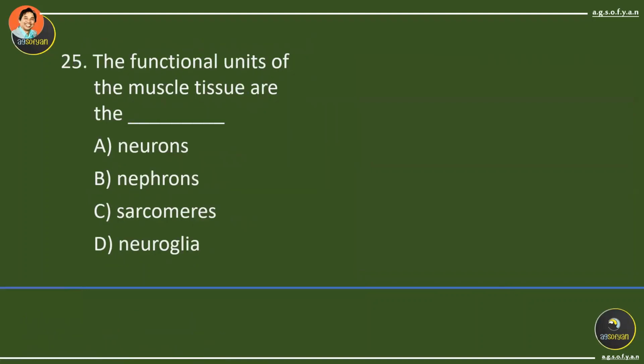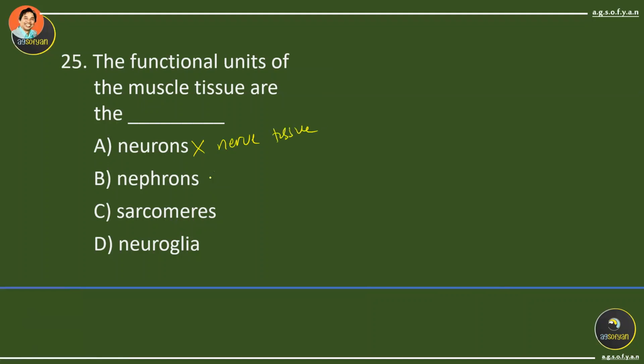The functional unit of the muscle tissue is... so we are moving from eyes, from vision, to the muscle lab experiment now. The unit of muscle tissue is called, of course, a neuron, because neuron is for nerve tissue.